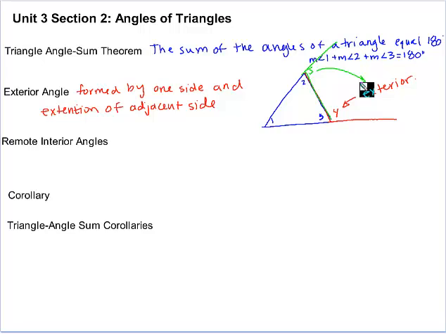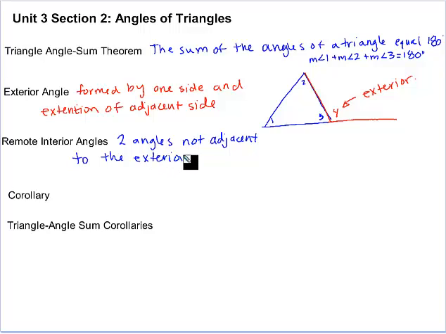All right, remote interior angles. Remote interior angles are the two angles not adjacent to the exterior angle. So in order to find the remote interior angles, you need to know the exterior.